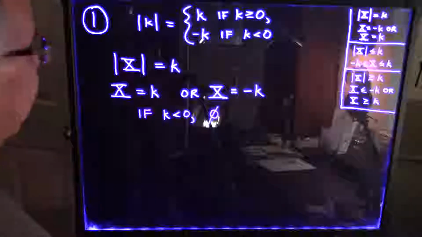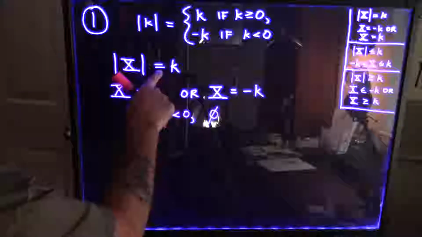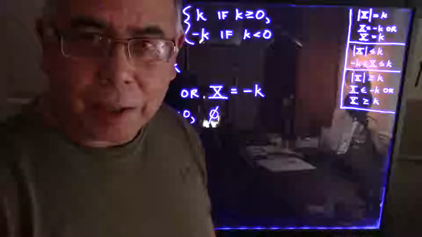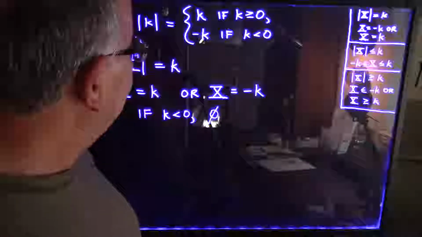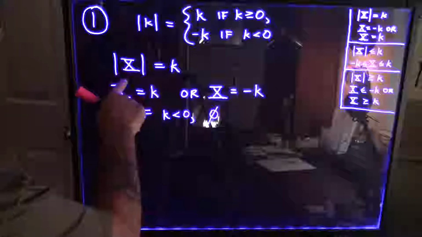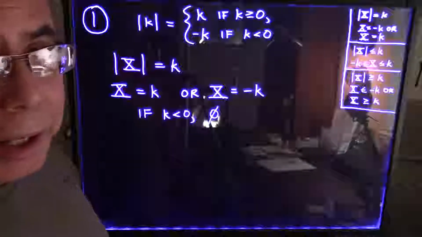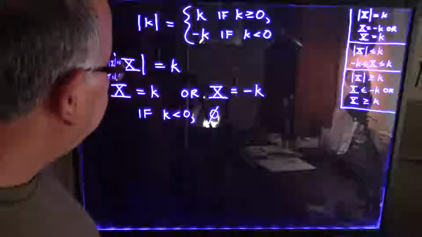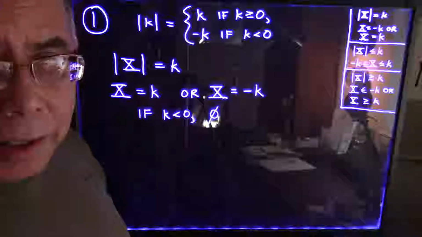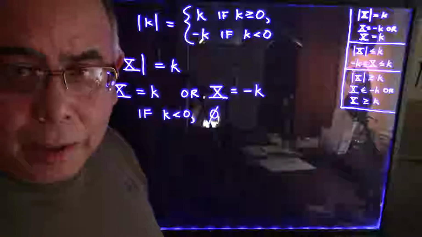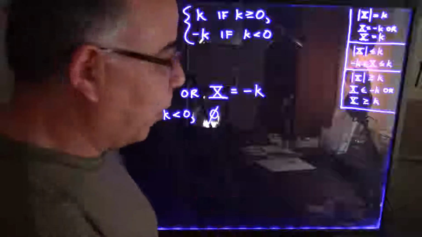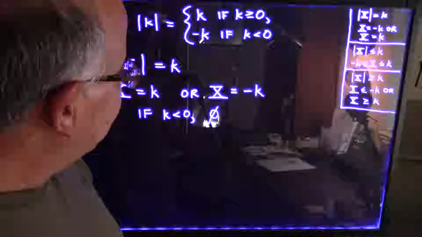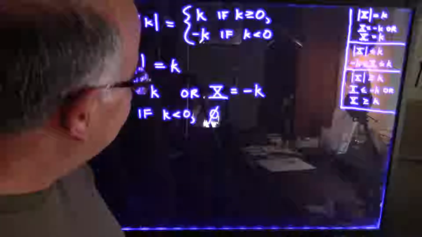In other words, if the absolute value of x equals, let's say, negative something, like negative 7, there's no solution, obviously, because the absolute value of something will never be negative, never equal some negative number. So if you see something like that on a test, you would just put this symbol for no solution, or write no solution, or empty set, however you want to do that.